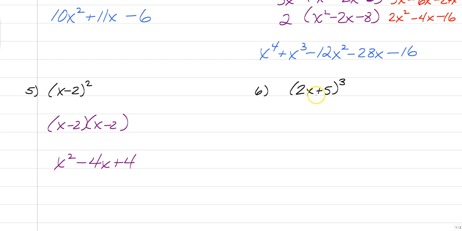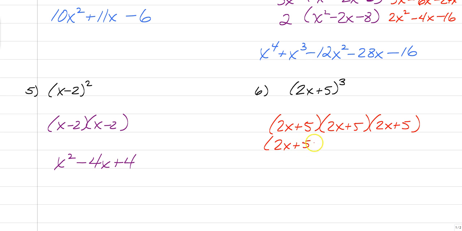So 2x plus 5 cubed means you're going to multiply 2x plus 5 times 2x plus 5, and then multiply that again by 2x plus 5. So it's going to create a lot more work. So over here, the first thing you might want to do is multiply the 2x plus 5 times the 2x plus 5.